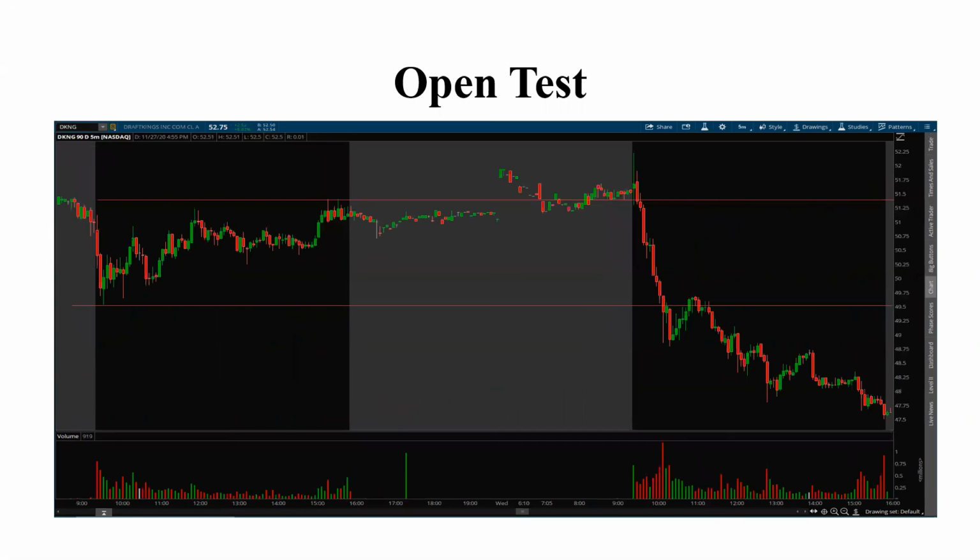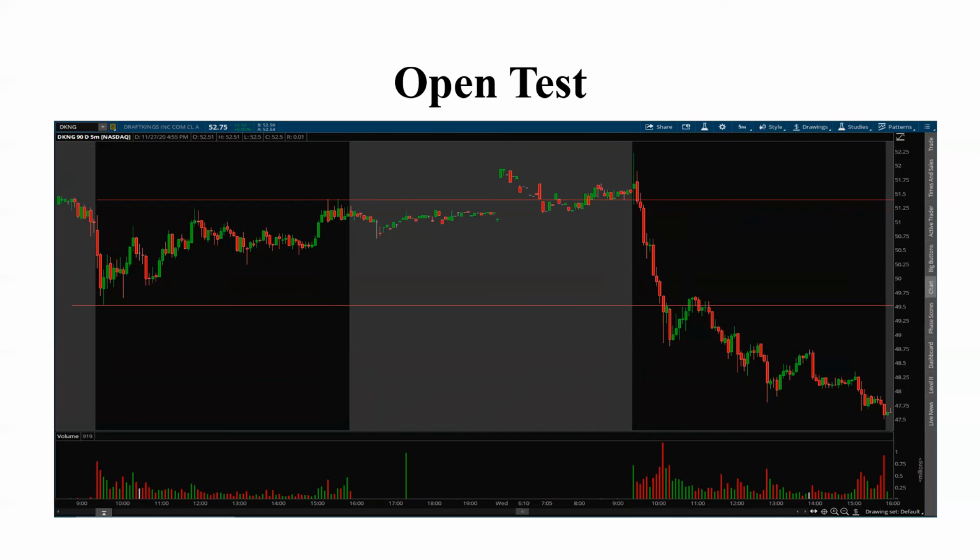Another one to the downside is DraftKings. They open it, pierce it up, and test the upper zone. They test up, and they didn't find the buyers. They drive it back down, pierce through the day's lows, come back up to the prior day's lows, reject it again, come back down, and down we go.